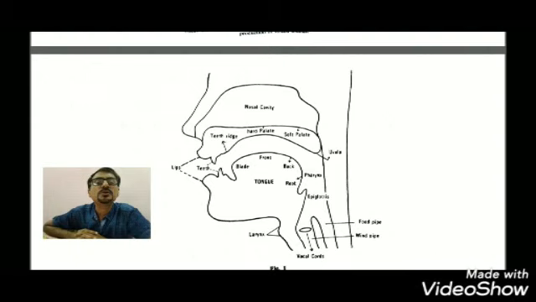You already know that there is a passage between our nose and mouth. That passage is connected to the neck. The air that we breathe out can come out from our nose with our mouth shut as well as from our mouth.